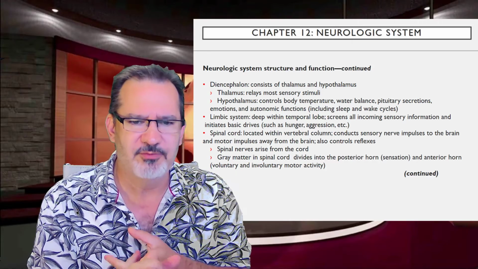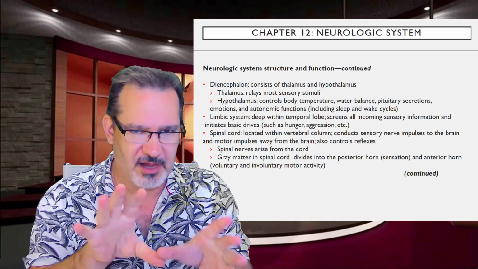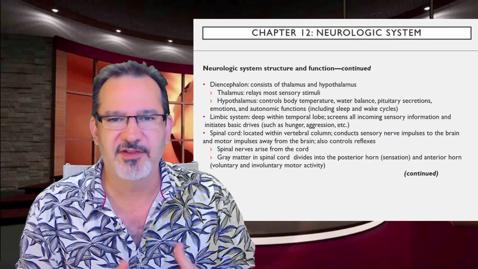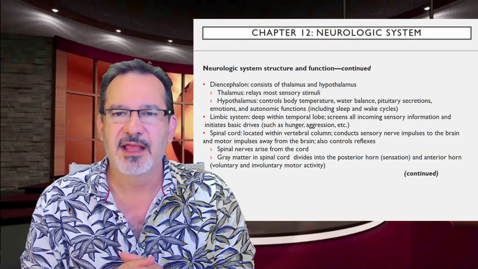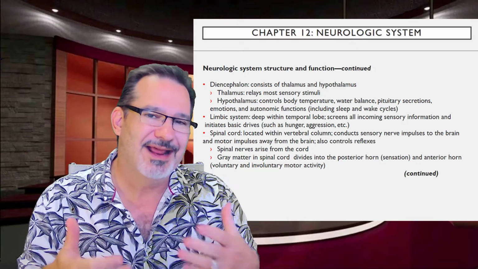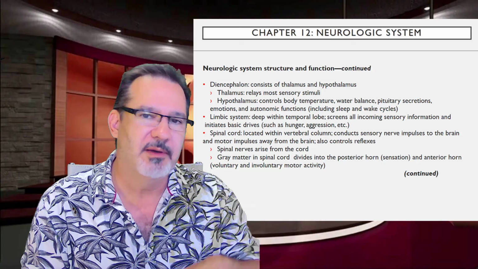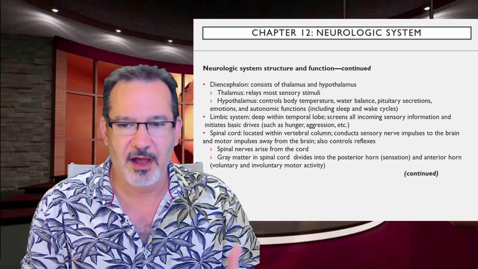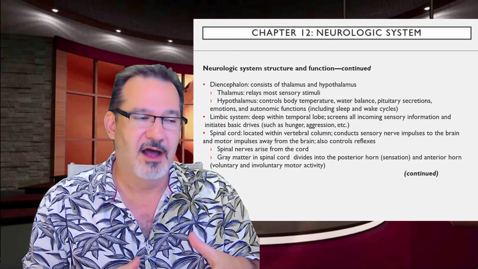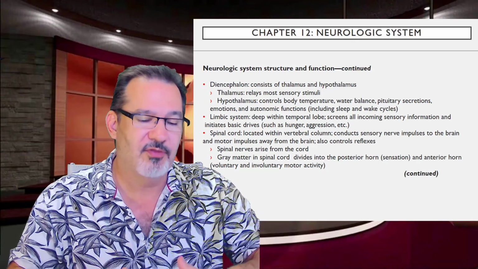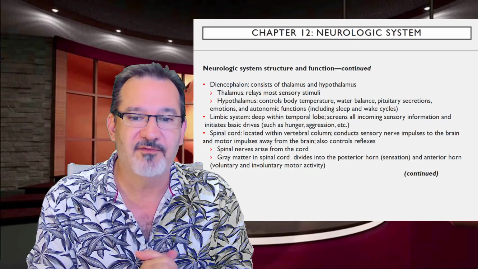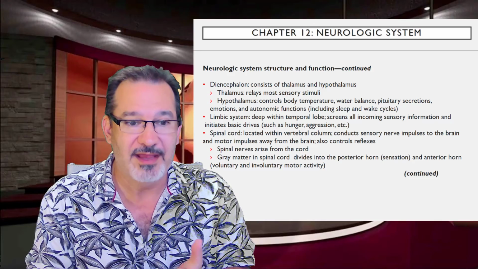The thalamus relays most sensory stimuli, so it's a kind of relay point. The hypothalamus, for all intents and purposes, I consider to be like a thermostat on a car, or the thermostat in your house. It helps to control blood pressure, water balance, secretions from the pituitary gland, and emotions, as well as the autonomic functions, including the sleep and wake cycles.